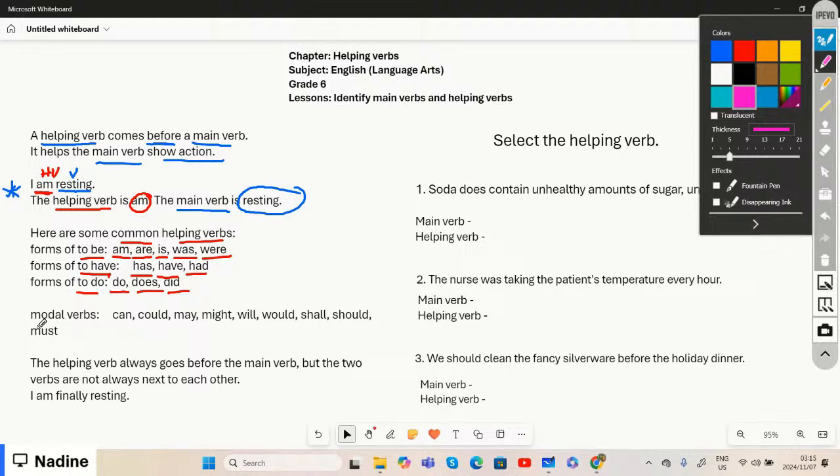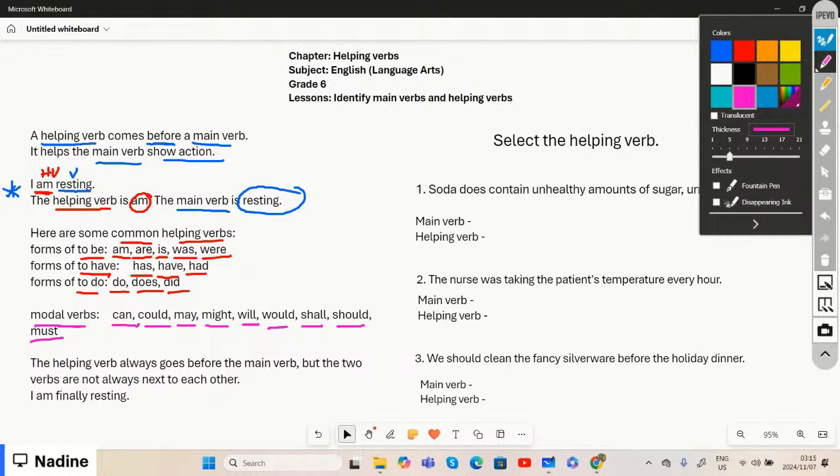Then we have modal verbs. Our modal verbs are words like can, could, may, might, will, would, shall, should, and must. These are also helping verbs, right?